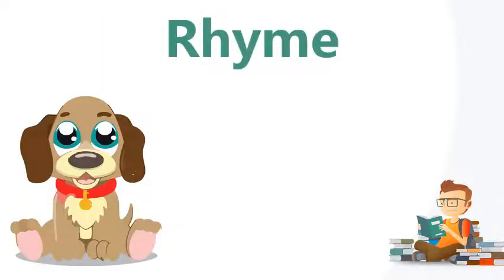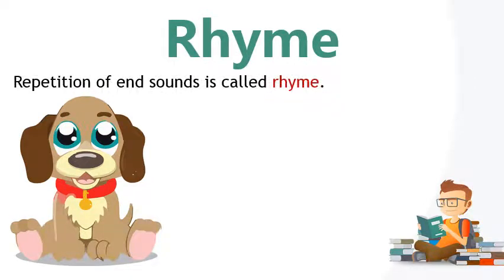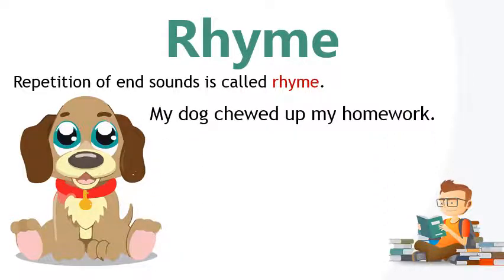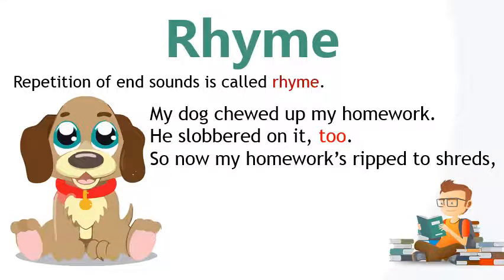Okay, now we are getting to the rhyme part. Repetition of end sounds is called rhyme. My dog chewed up my homework. He slobbered on it too. So now my homework's ripped to shreds and full of slimy goo.